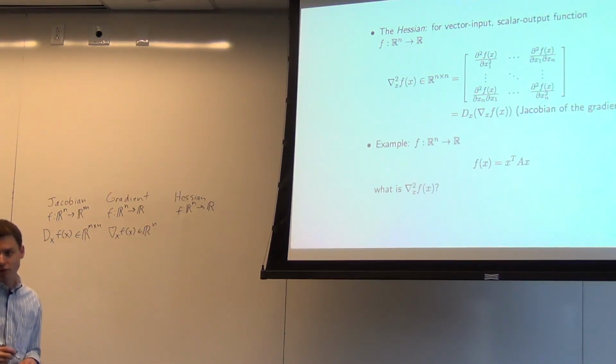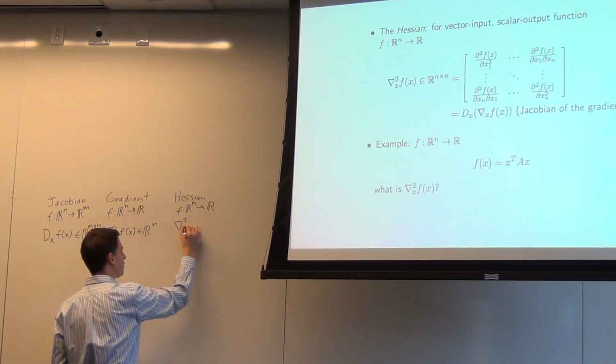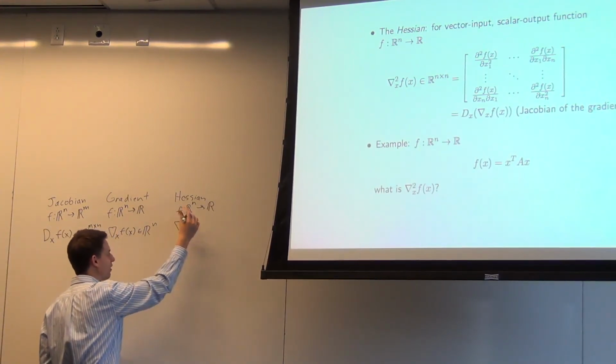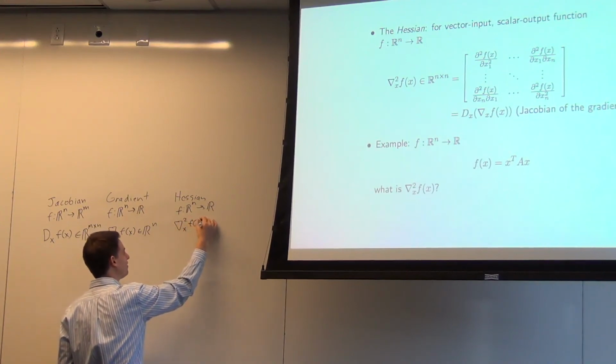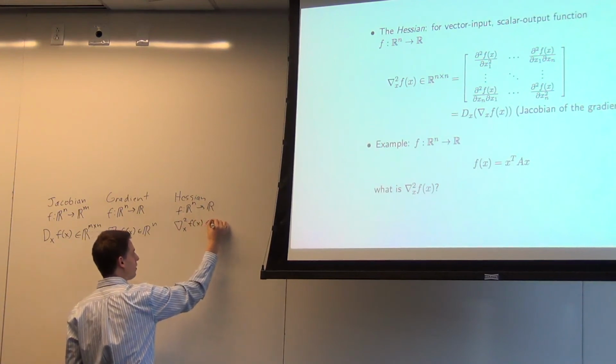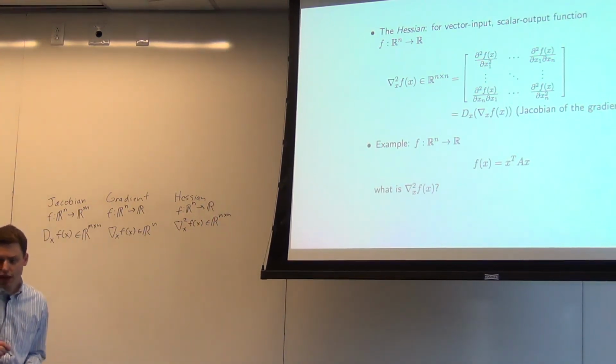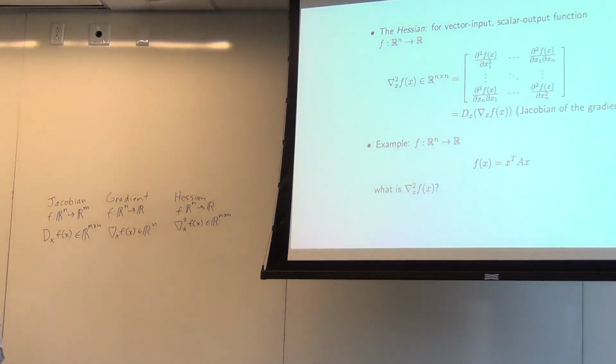The Hessian, which we'll denote like this, upside down triangle squared f of x, is going to be an n by n matrix of all possible second derivatives. Because when you take the first derivative, you have a vector of all possible first derivatives. Then you take each of those terms and take the derivative again with respect to all possible x's.